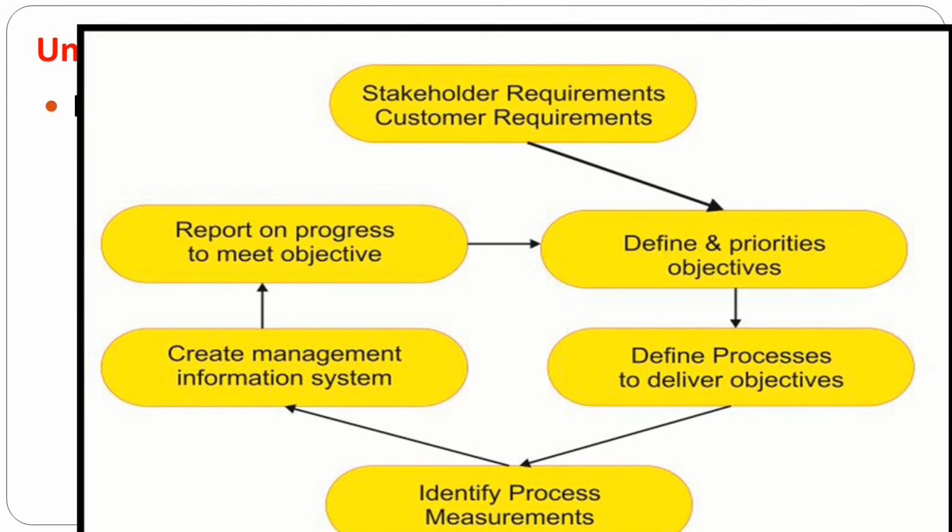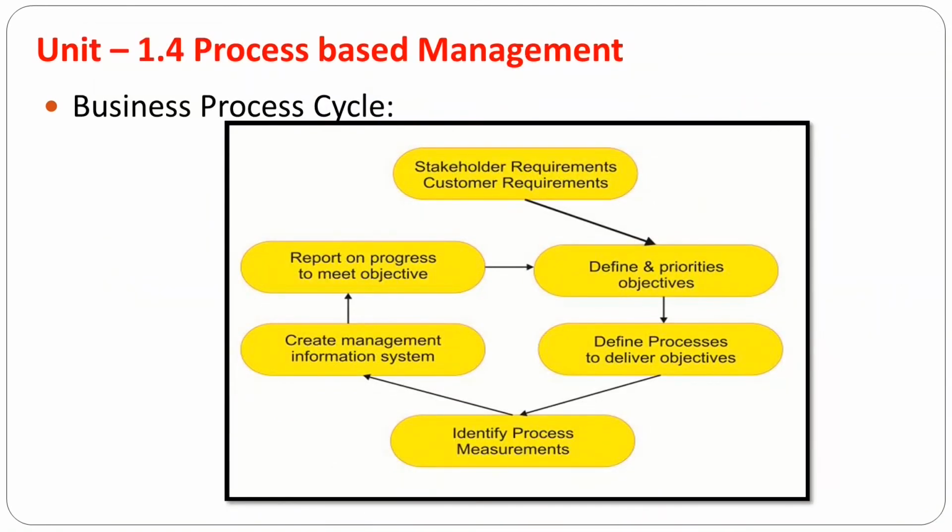All that progress should be reported in a meeting. And again, if there is some error in your project, of course you have to define it. So this cycle goes on. Sometimes customer requirements also keep changing. So this is a cyclic form, and we usually refer to this as a business process cycle.